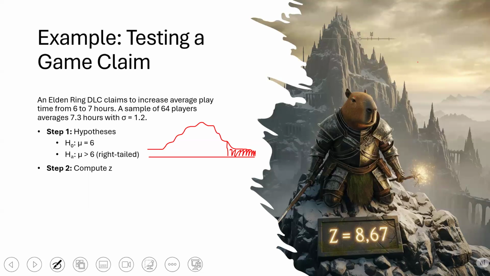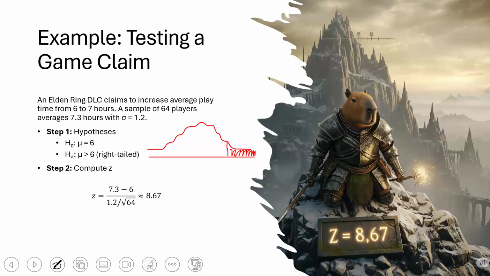Let's plug that into the Z formula for a population mean. So we get Z equals our sample, 7.3, minus the population, right, 6, divided by the population standard deviation, 1.2, divided by the square root of our sample size, that's 64. So we get about 8.67.